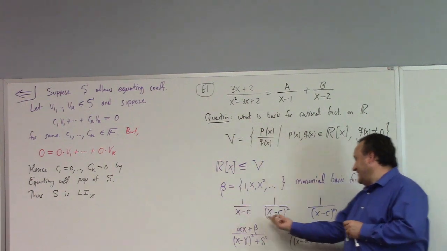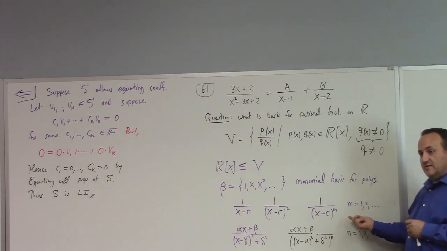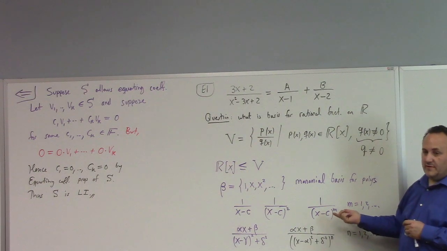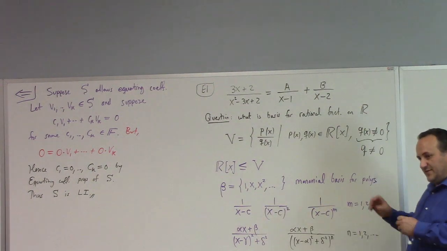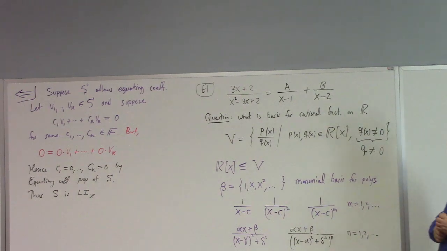I could just use this as a basis for those, because polynomials over the complex numbers always completely factorize. So I could just rely on these guys to build any complex rational. But I do want a real basis, so I kind of stuck with this.